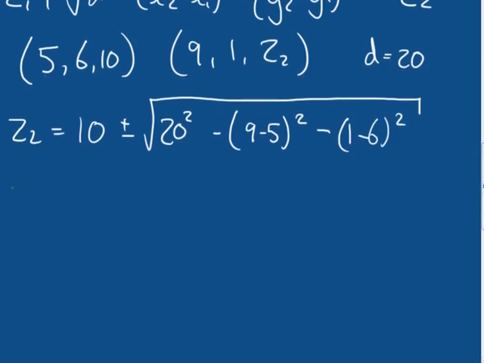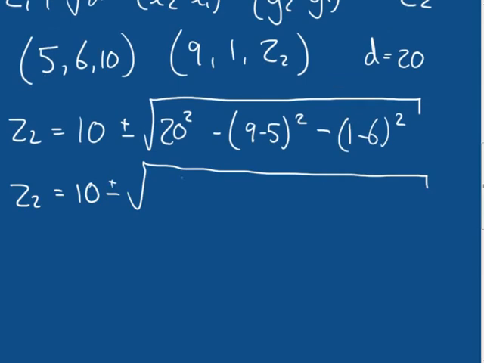So that means z2 is equal to 10 plus or minus the square root of 20 squared is, well, I'm going to leave that in that form for now, minus 9 minus 5 is 4, so minus 4 squared. 1 minus 6 is a negative 5, so minus 5 squared.